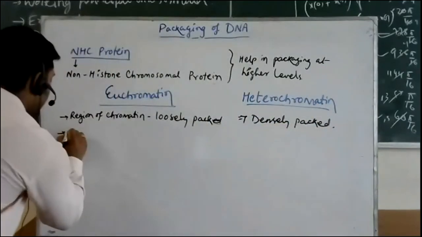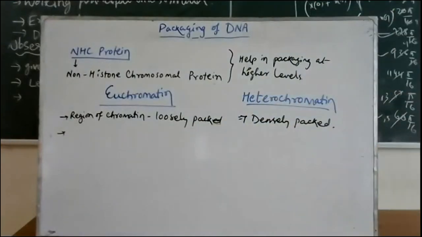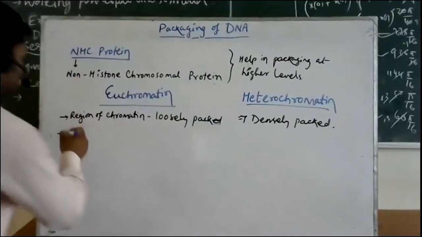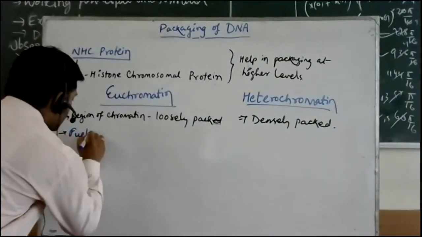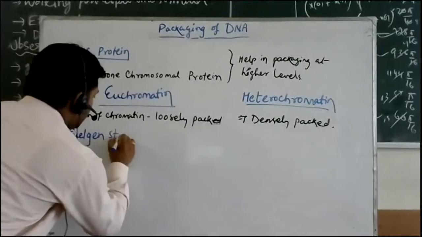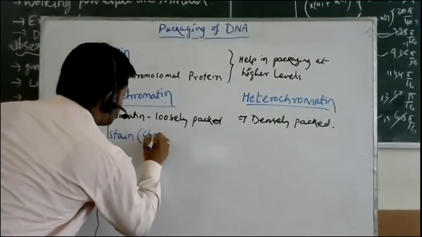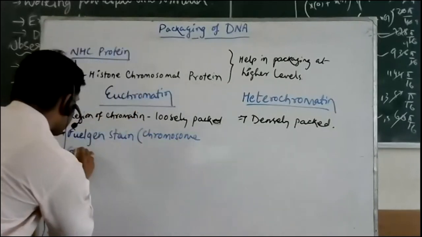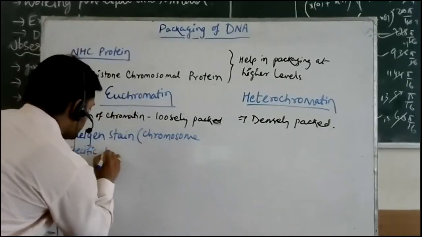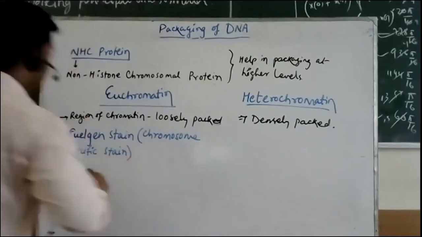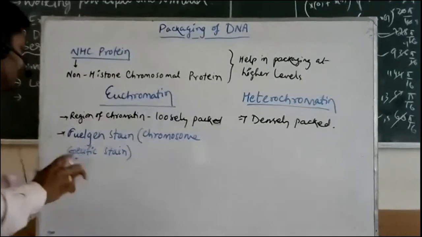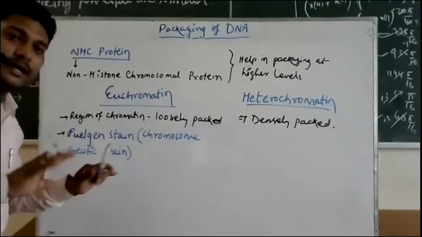When we use a chromosome specific stain or DNA specific stain like the Feulgen stain. Okay, Feulgen stain is a chromosome specific stain. So what do you mean by chromosome specific stain? Okay, we have 10 more minutes, quickly we'll close it. It is going to stain only the chromosome and nothing else.